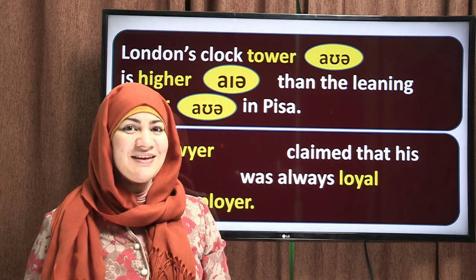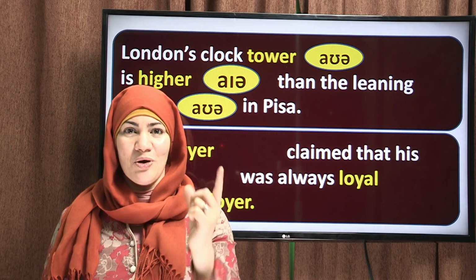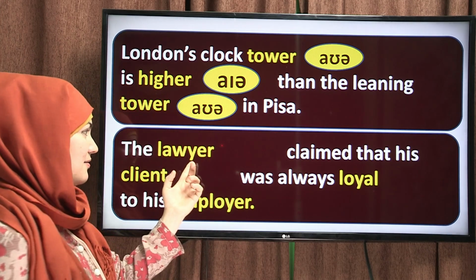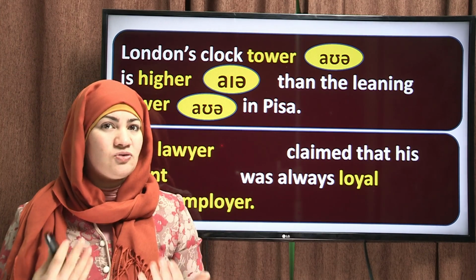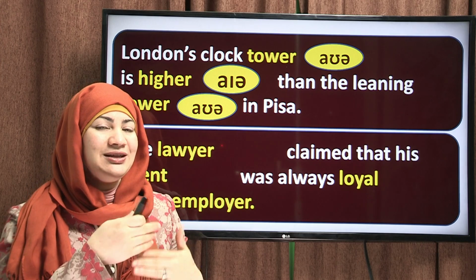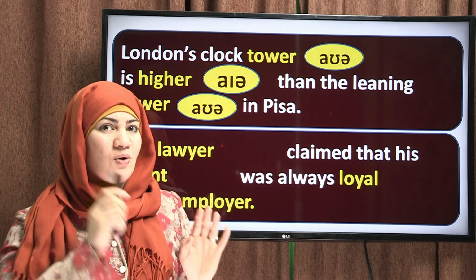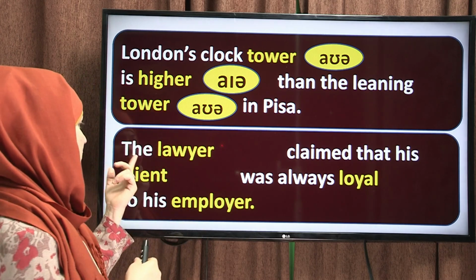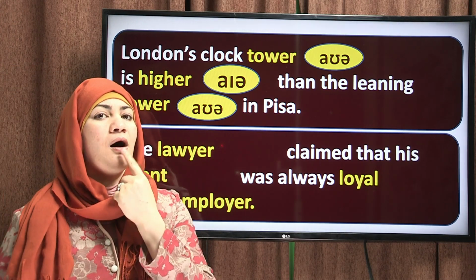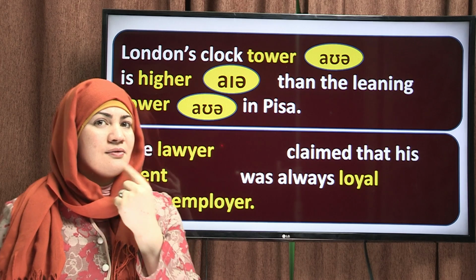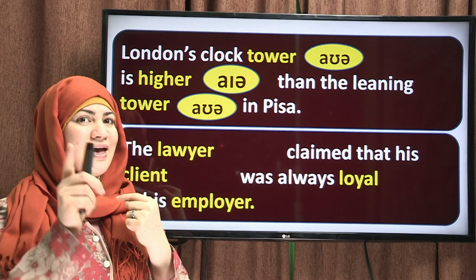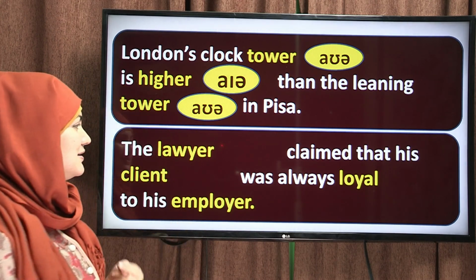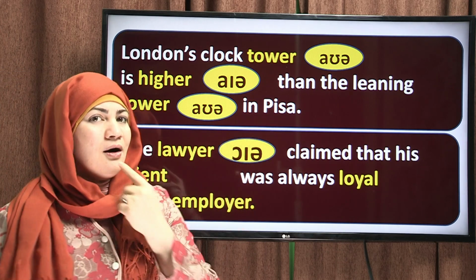The same thing, we repeat the words and we choose the right triphthong. We will reread only the words and choose the correct pronunciation. The lawyer. Oy. Yes, very nice. It is oy.